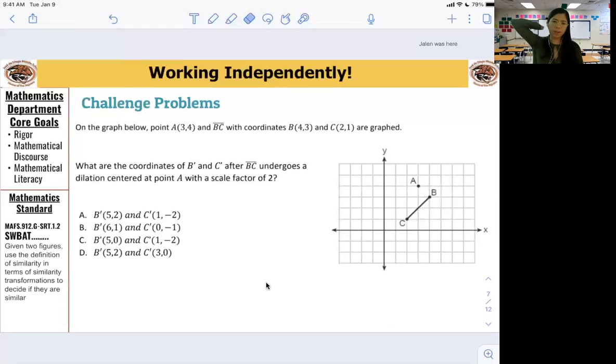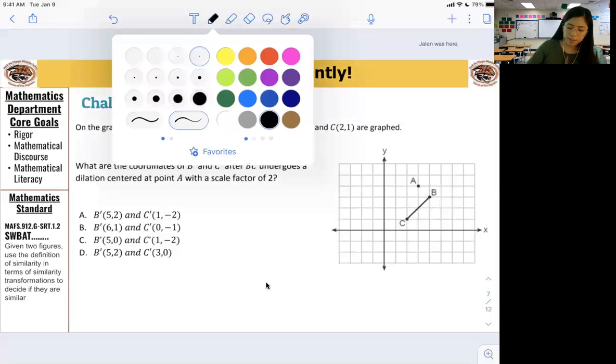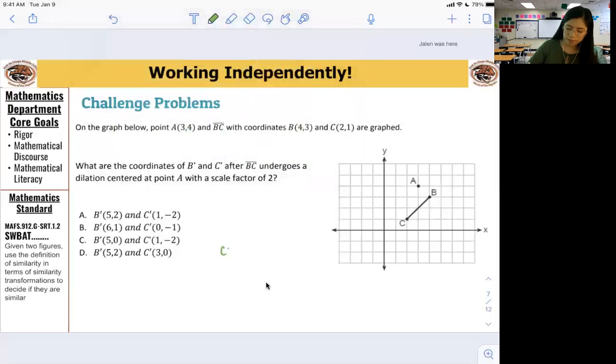Awesome. All right. So remember what I said a couple of slides ago, we wrote this down. When the center of dilation, the COD, is the origin, what can you do? Perla got it.